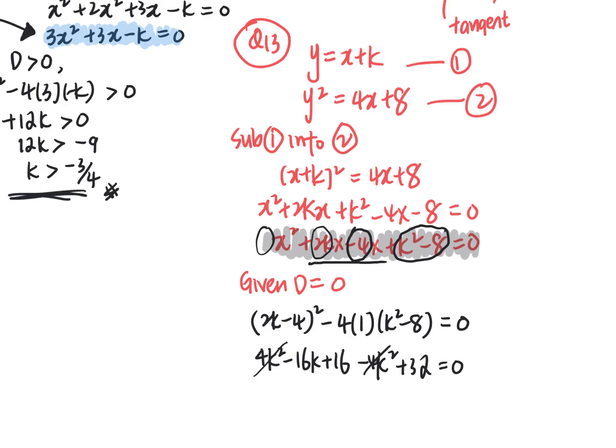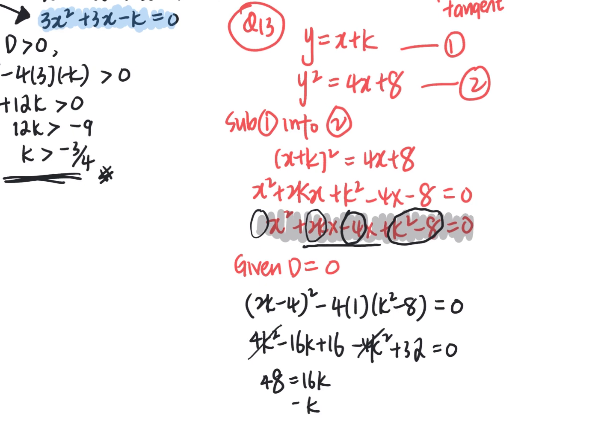Okay, this is gone. 48. So K is just 3. That's all.